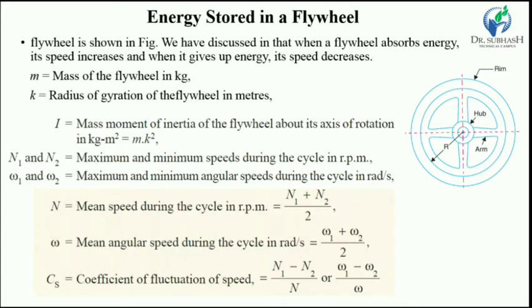Now Cs is equal to, we know, the maximum fluctuation of speed, (omega 1 minus omega 2) or (N1 minus N2), upon the mean speed, angular or RPM, N or omega.